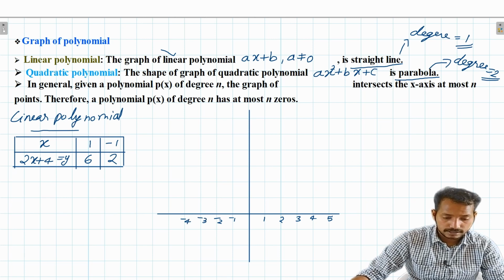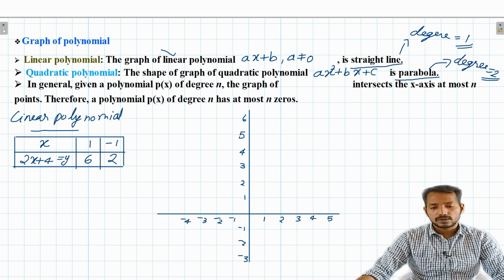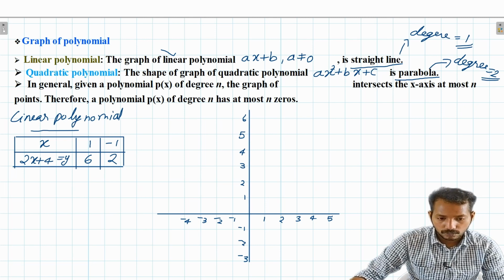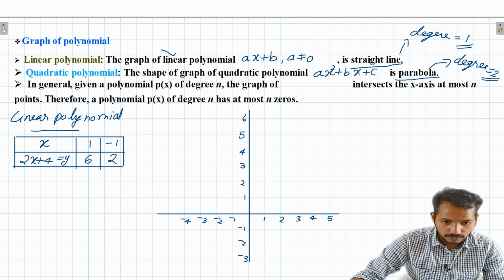This is the x-axis, and next the y-axis values are 1, 2, 3, 4, 5, 6, and here it is minus 1, minus 2, and minus 3. Okay, now let's plot the values. When x equal to 1, y equal to 6. The first point will be here.